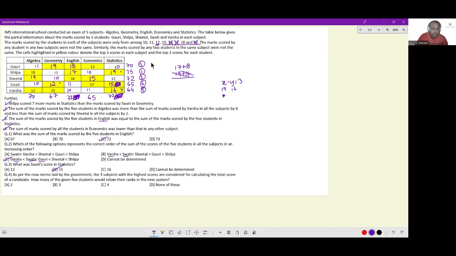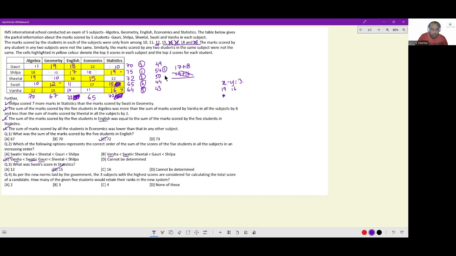In the new system, summation of marks that are going to be considered for Gauri are 49. For Shilpa, it will be 54. For Sheetal, it will be 50. For Swati, it will be 44. And for Varsha, it will be 43.